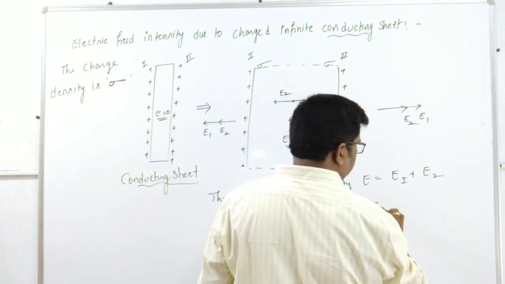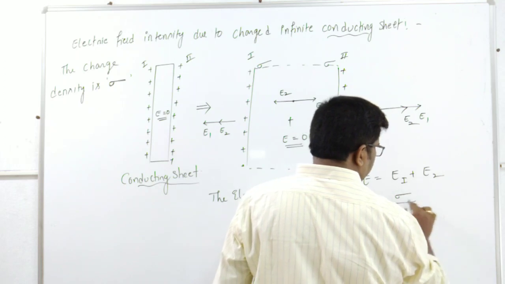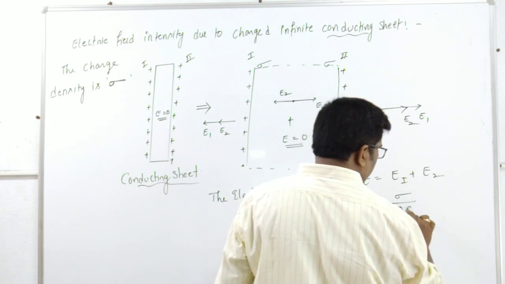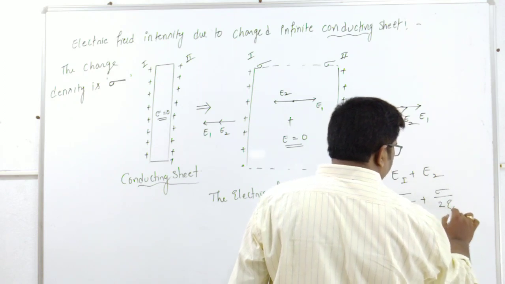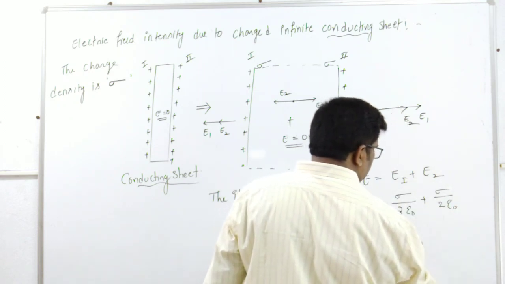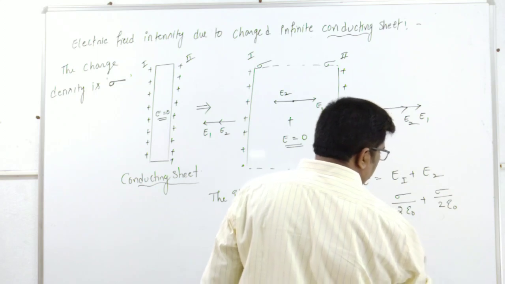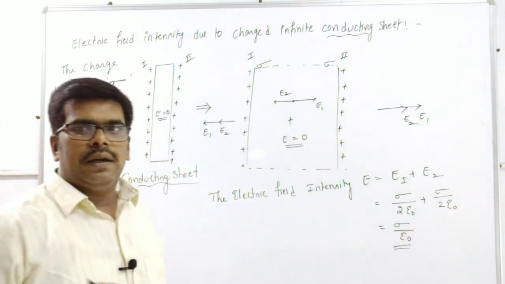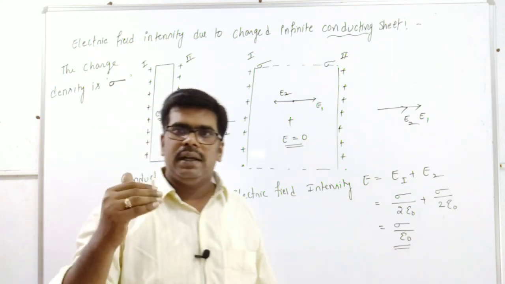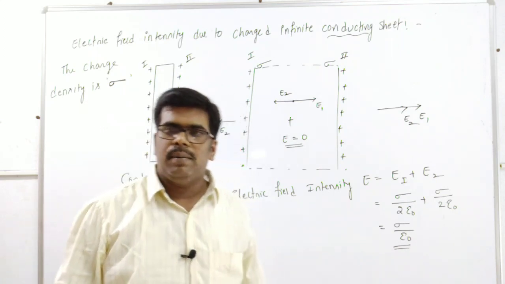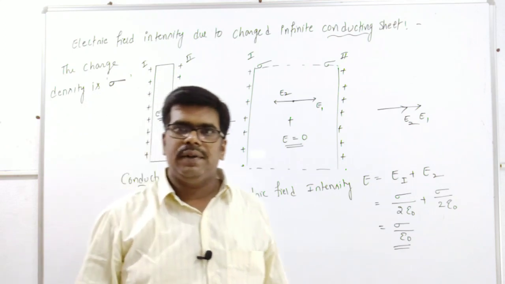E1 expression we already discussed: sigma by 2 epsilon naught, plus E2 which is sigma by 2 epsilon naught. Totally how much do you get? Sigma by epsilon naught. So if it is a non-conducting body, the electric field intensity is E equal to sigma by 2 epsilon naught, which is independent of the distance.